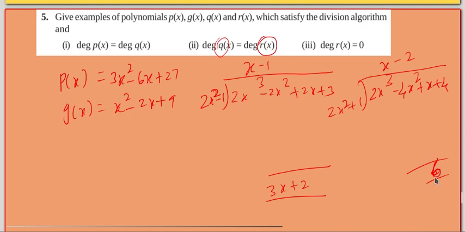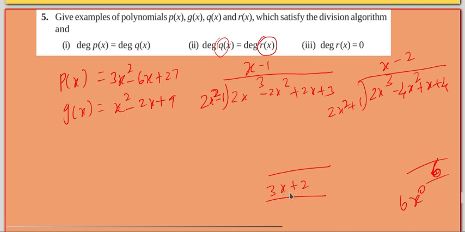The remainder is 6, but even then the degree is 0 only. If it is a constant polynomial, with x to the power 0, the degree is 0. So sometimes the remainder can be 0, or the remainder can be any other constant, for getting degree 0.